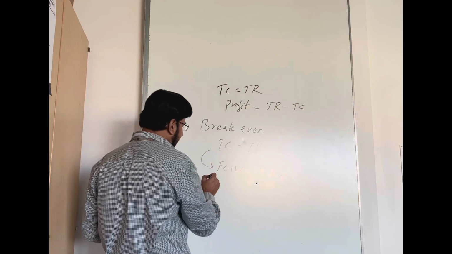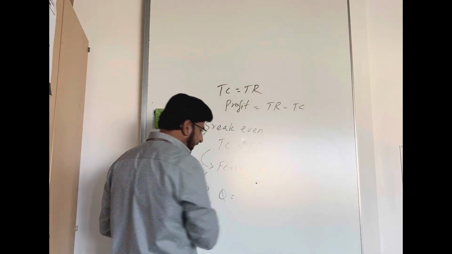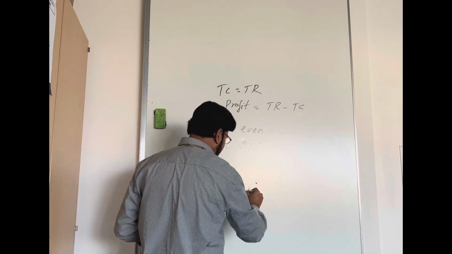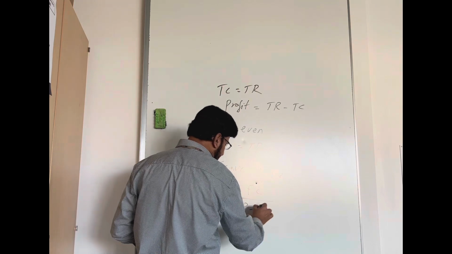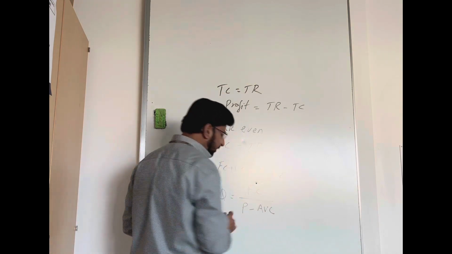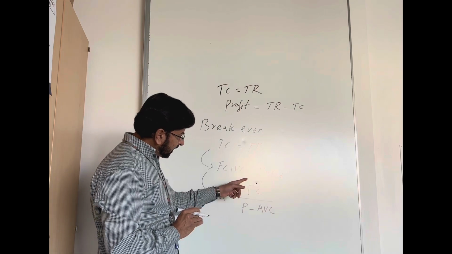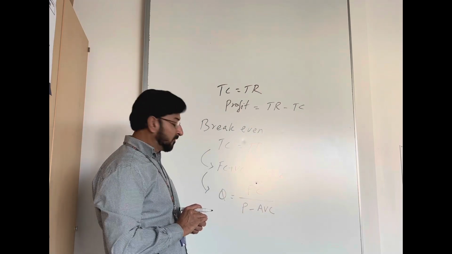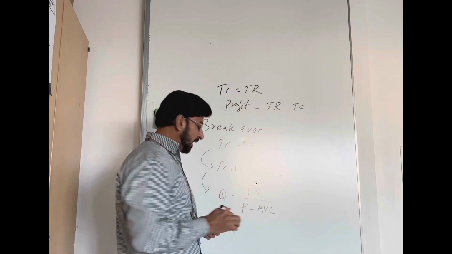From this, you can derive a formula for break-even, which is FC over price minus average variable cost.